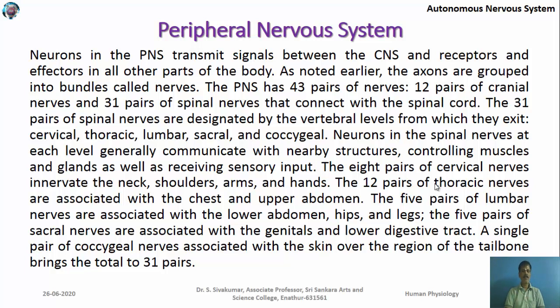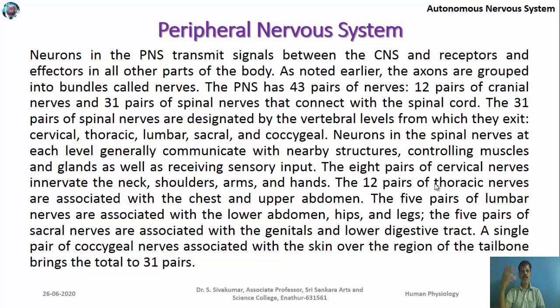Of these, 12 pairs are cranial nerves and 31 pairs are spinal nerves present in the spinal cord. The 31 pairs of spinal nerves are designated by the vertebral levels where they exist. They are called cervical, thoracic, lumbar, sacral, and coccygeal nerves.